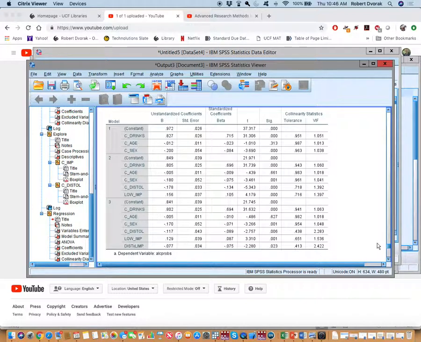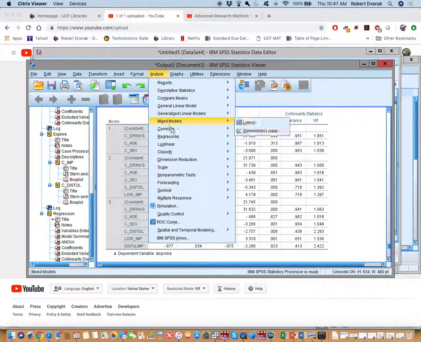What can we conclude from this? Let's run the next model, and then let's see if we can come up with some conclusions based on that.